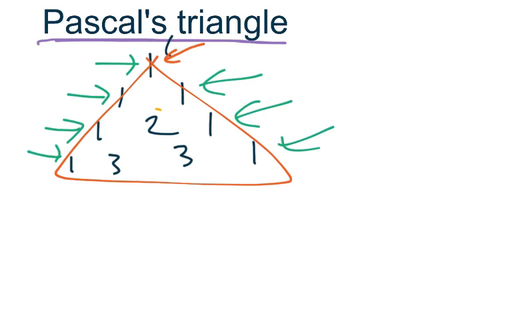Well, what about the 2 in the middle there? Well, notice how the 2 is the 1 and the 1 above it added together. Notice the 3 right here is the 1 and the 2 added together. This 3 is the 2 and the 1 there added together.